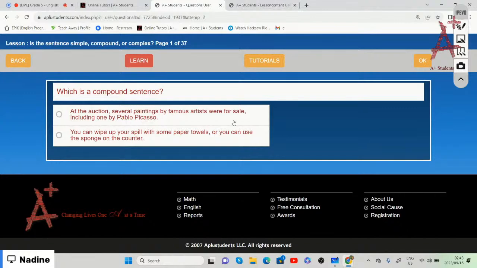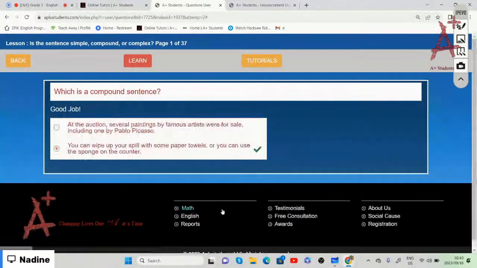So if we need to select the compound sentence, then we're going to select option 2, because there we have or, which is the conjunction that's joining these two sentences. All right.